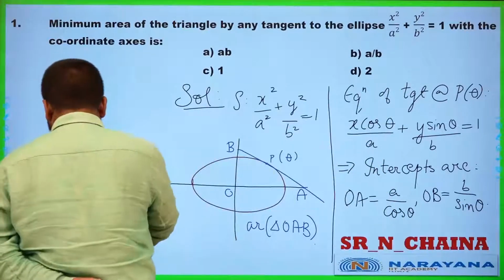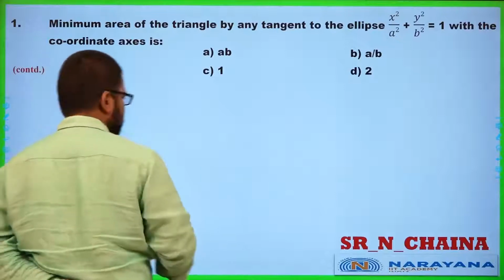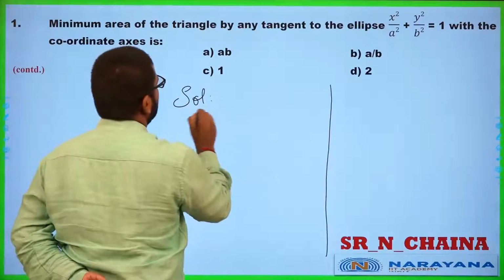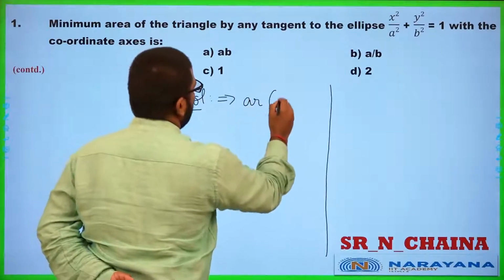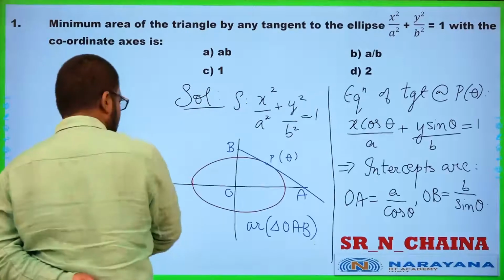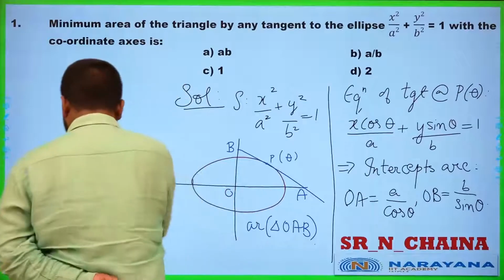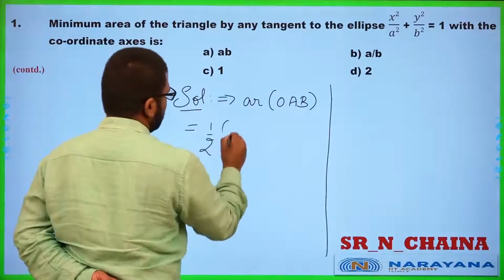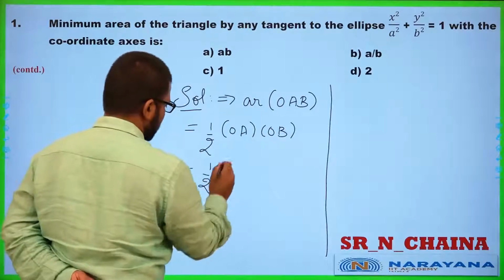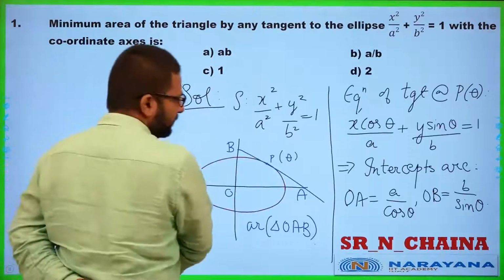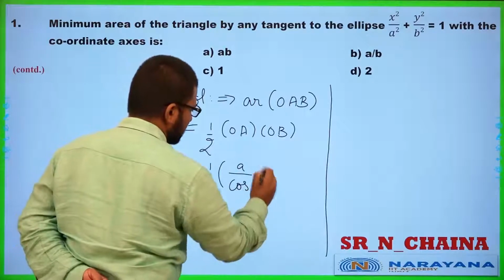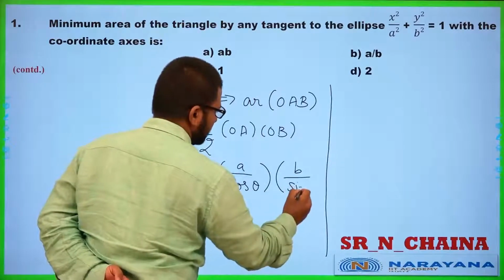Correct? Which means the area of triangle OAB, it is a right angle triangle, right? So half of OA into OB, which is half of a by cos theta into b by sin theta.